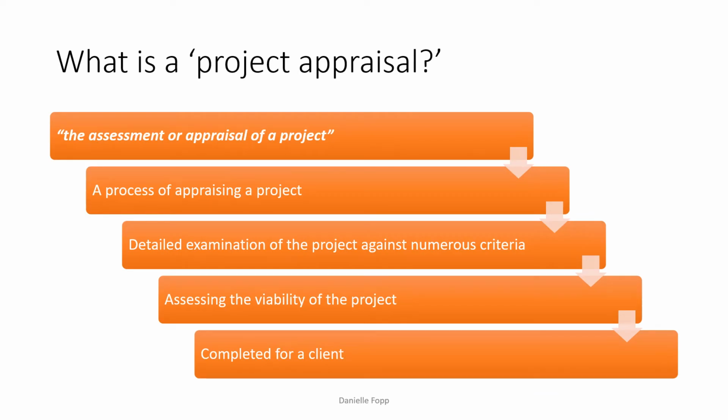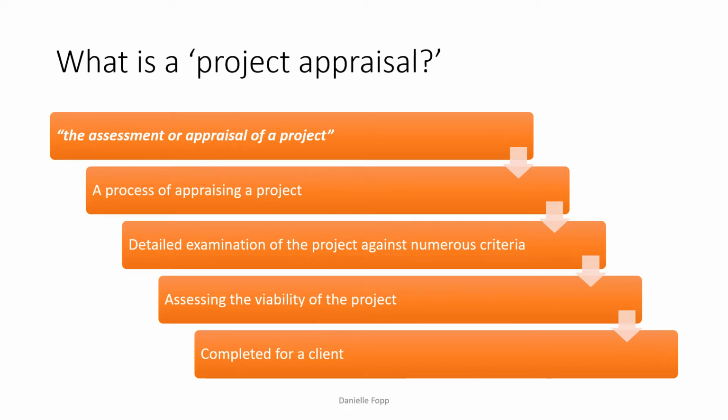A little further. We have the assessment or appraisal of a project, and in this course we are looking specifically at construction projects. Now, a project appraisal is a process of appraising a construction project, and it involves the detailed examination of the project against numerous criteria.